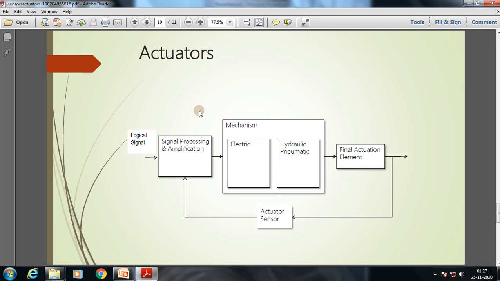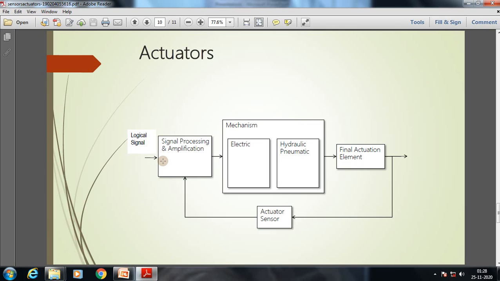So this is the flow diagram of an actuator, how it works. This is the logical signal, then signal processing and amplification, where the signal is fed to the processor. Before it is fed to the processor, it goes through amplification, through which we can detect the signal.